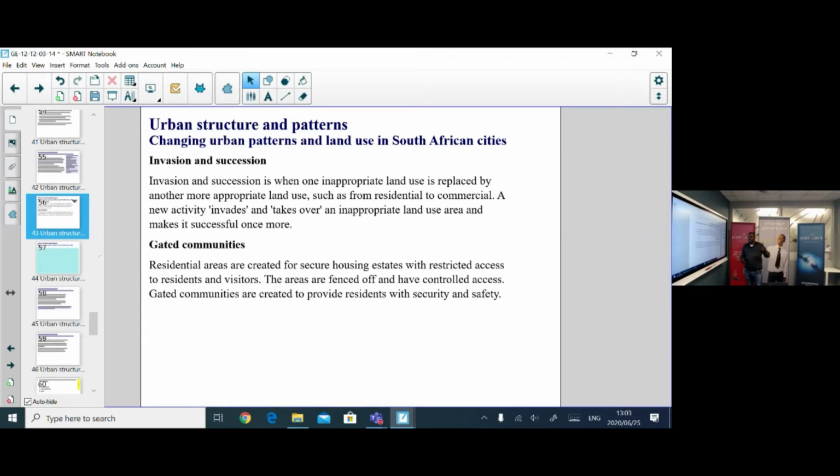They are usually fenced, walled, and have gates that are always manned by security. So residential areas are created as secure housing estates with restricted access to residents and visitors. The areas are fenced off and have controlled access. Gated communities are created to provide residents with security and safety.